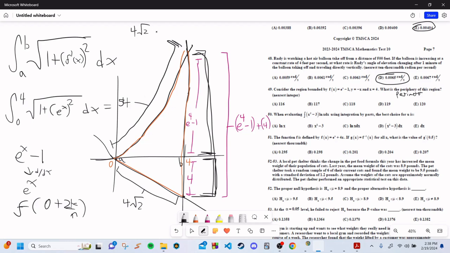So 4 times the square root of 2 plus e to the 4th plus 3, which is what this comes out to, plus 54. If I type that all in, I get an answer of about 117. So that's going to be answer choice B, and that's our correct answer. Just know that periphery equals perimeter, and know the formula to get the length along a curve.